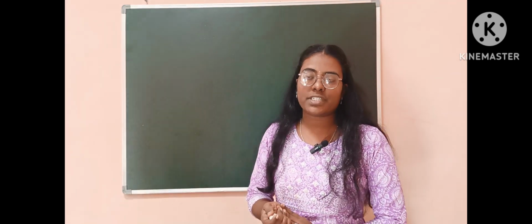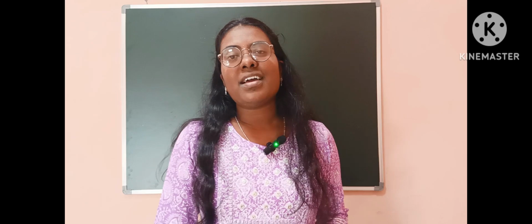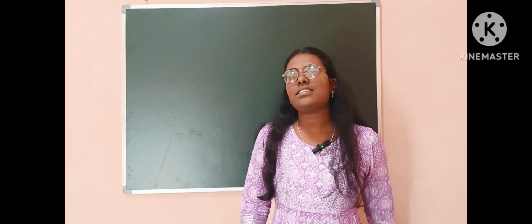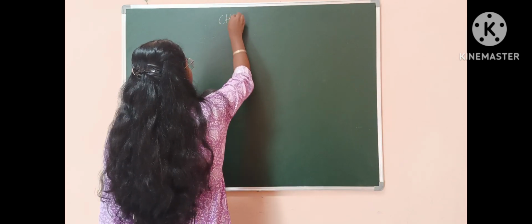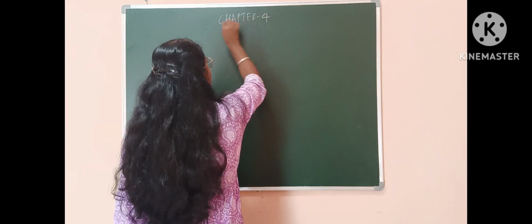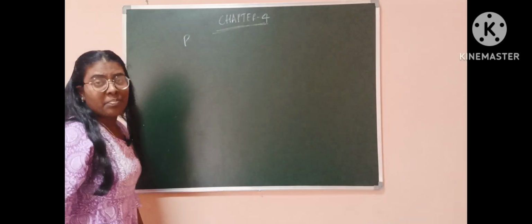In this session, I'm going to start a major unit of your second PU, which many students will find difficult. I don't know why, but this is a very easy chapter. That is Chapter 4. What's the name of Chapter 4?